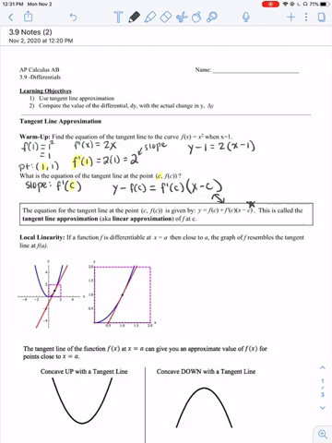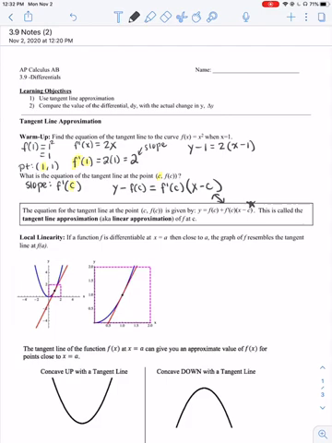And so what do we mean when we say that? Well, this idea of local linearity is important. So if you have a function that is differentiable at a given point a, then if you get close to a, so if you get really, really close to a, the graph of f will resemble the tangent line.